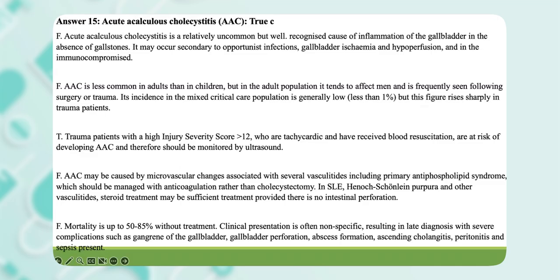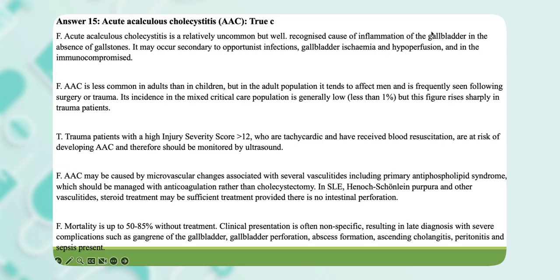Let's see. Acute acalculous cholecystitis is a relatively uncommon but well recognized cause of inflammation of the gallbladder in the absence of gallstones. It may occur secondary to opportunistic infection, gallbladder ischemia, or hypoperfusion in immunocompromised cases. It is less common in adults than in children, but in the adult population it tends to affect men more frequently than women, and is frequently seen after surgery and trauma.